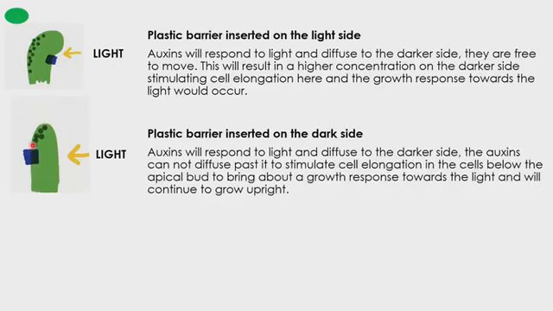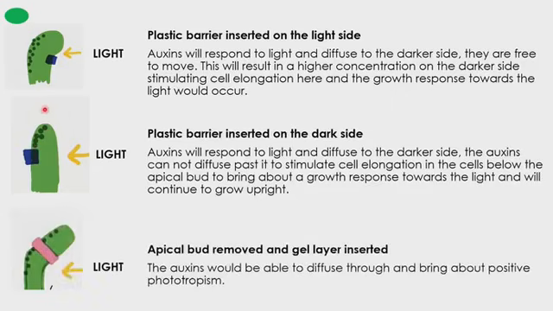As a result, the plant will not be stimulated significantly on either of these two sides, and the plant will just continue to grow upright. The amount of cells here is not enough to bring about a phototropic movement towards light. It's just going to keep on elongating upwards.